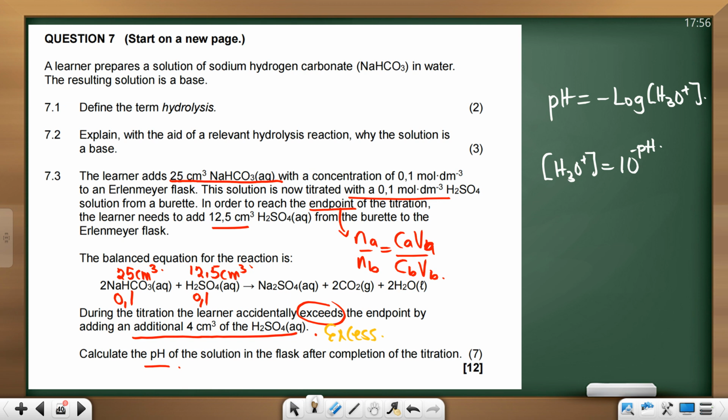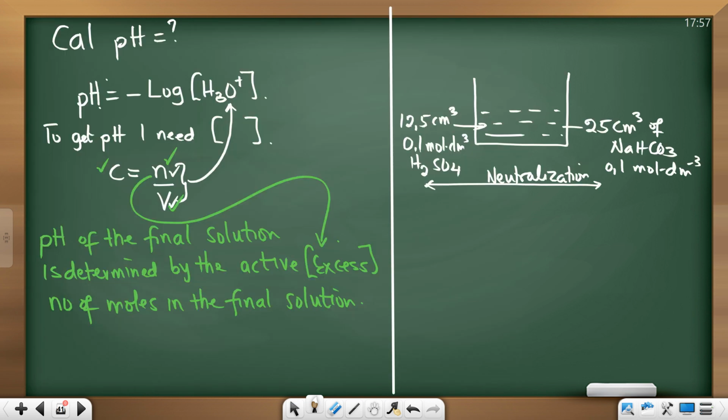So if this learner had said that they added 16, it means 4 was extra. 4 cm cube of H2SO4. This is extra. That is what we are going to deal with.